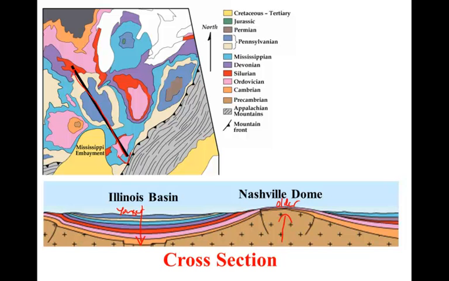This vertical slice shows that a basin is basically a circular syncline, whereas a dome is basically a circular anticline.